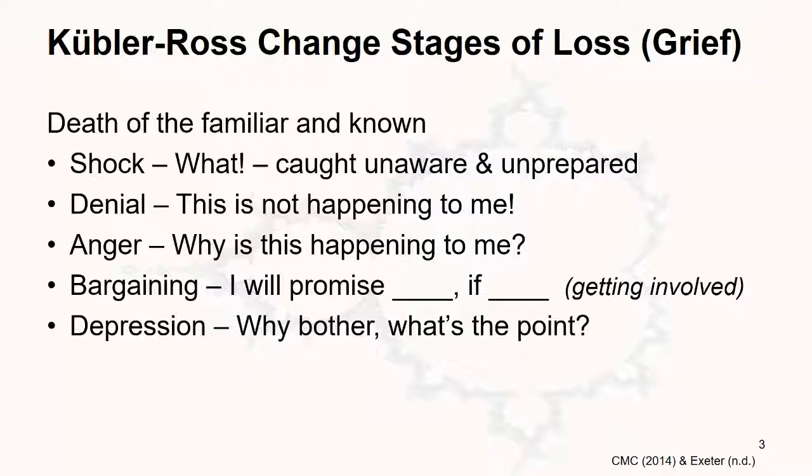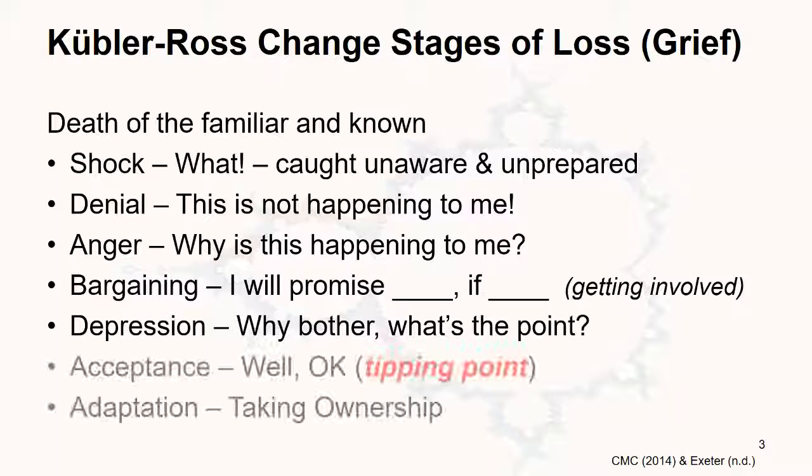Bargaining, I promise to do this if this will be changed in some way. The depression, in that what's the use? It's too much for me. These are all different stages of grief that people go through, not only in dealing with death of someone they know, but death of the familiar within the organization.